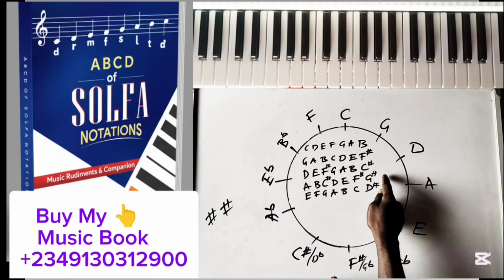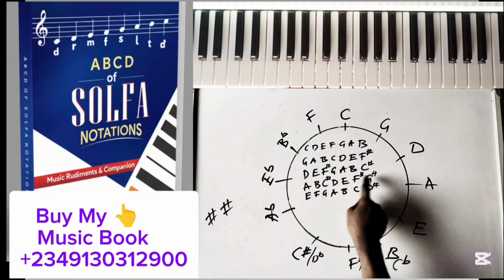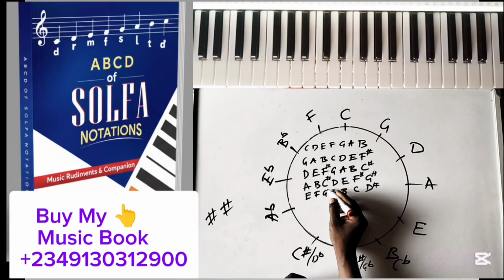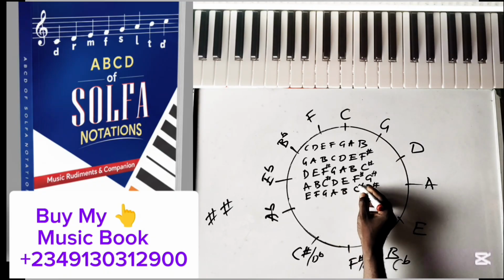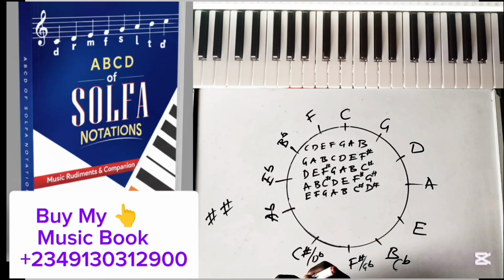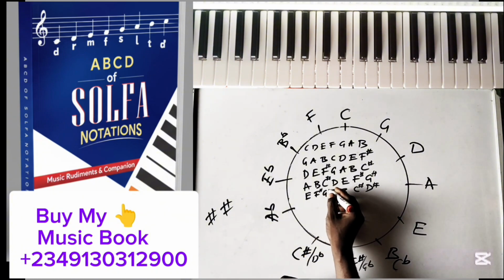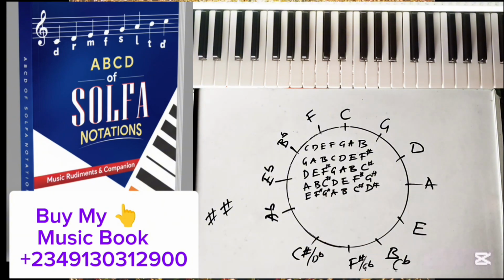All the ones that were sharpened before, you add them to this. So C is sharpened, and F and G are sharpened.